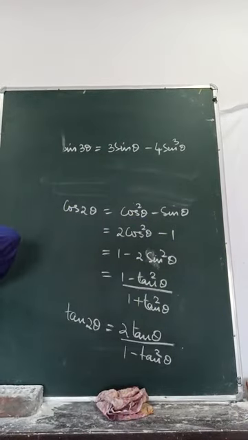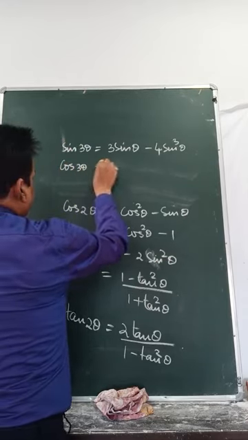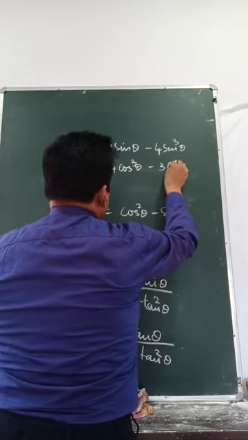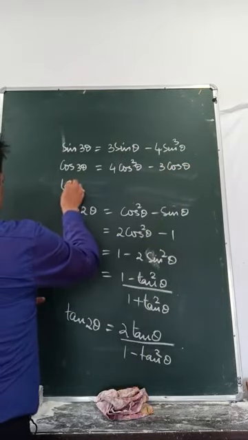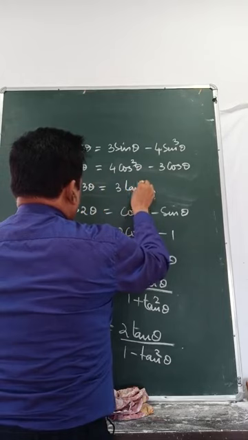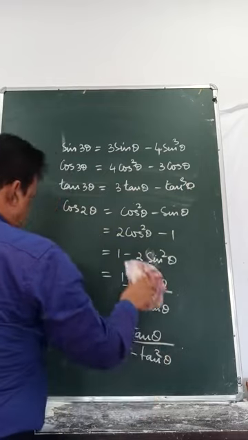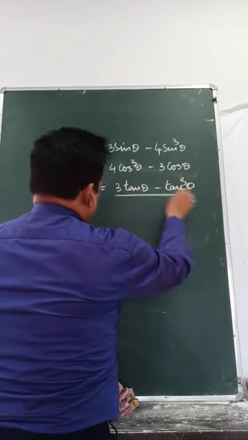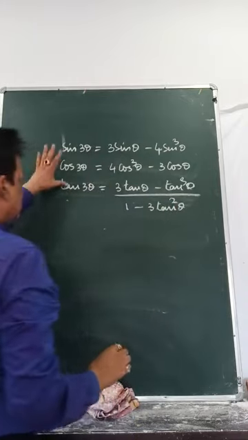Then cos 3 theta is 4 cos cube theta minus 3 cos theta. Then tan 3 theta is 3 tan theta minus tan cube theta divided by 1 minus 3 tan square theta. Okay, this is the 3 theta group.